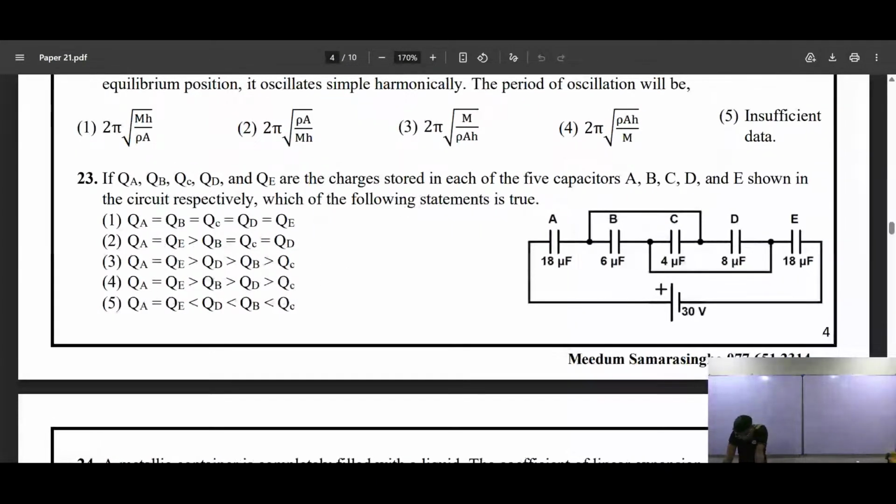In the question, if QA, QB, QC, QD and QE are the charges stored in each of the 5 capacitors A, B, C, D, and E shown in the circuit respectively, which of the following statements is true?